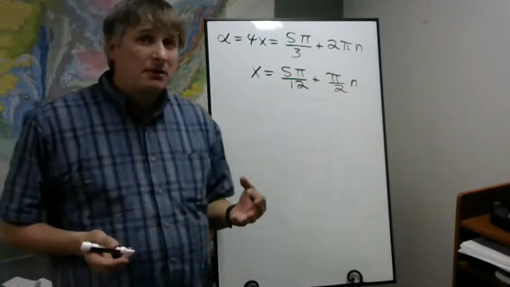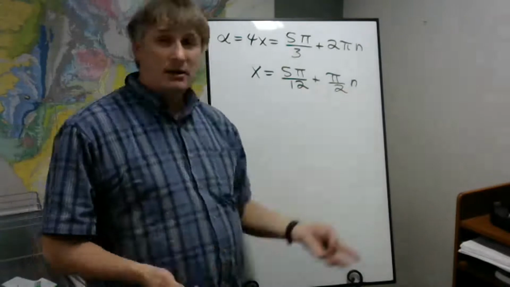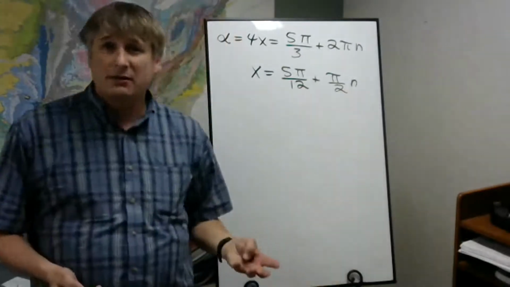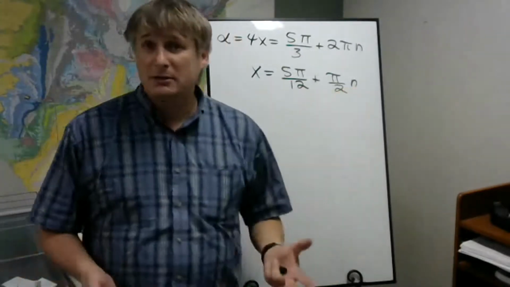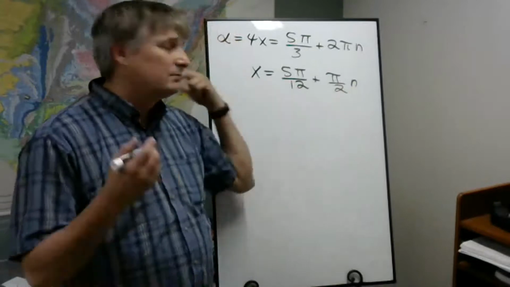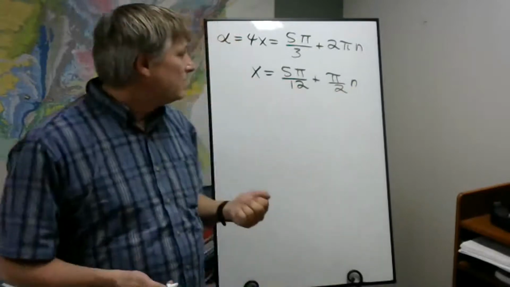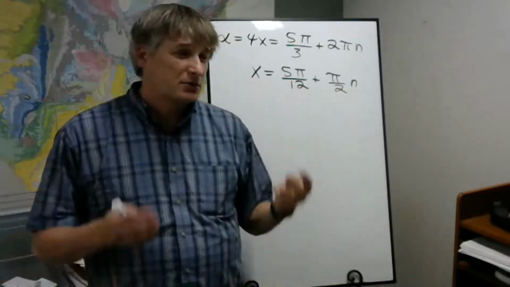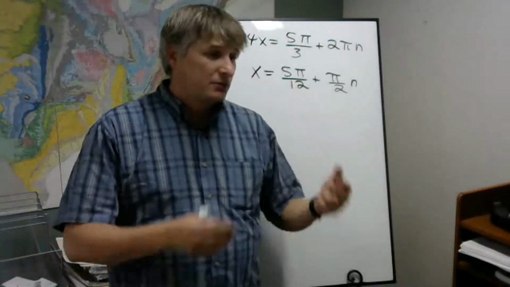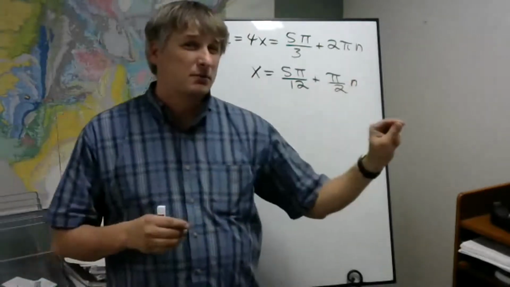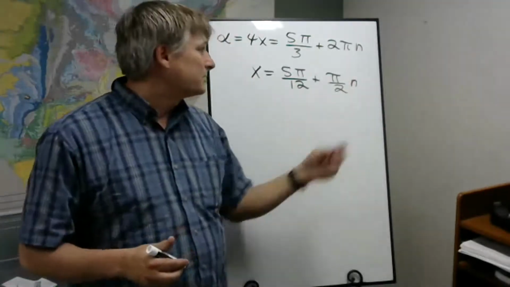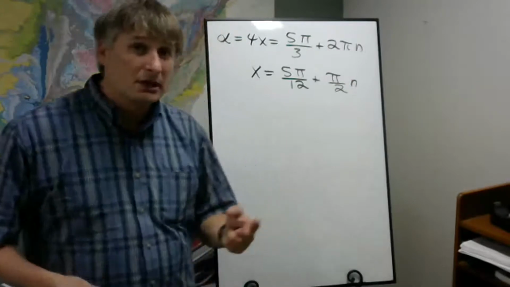Now, again, same thing. If we want all the possible answers, you just leave it like this, say choose n to be an integer, and then there you go, you're good. But we want to make sure we have angles that are specific. And these are the angles from 0 to just short of 2 pi. So we got to start breaking down n's, choosing n's.